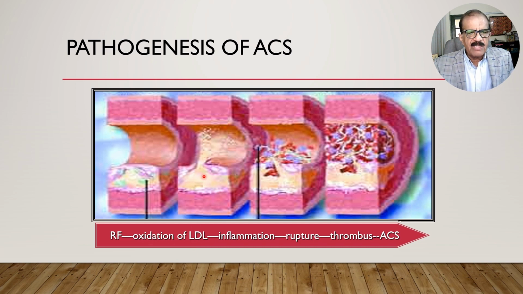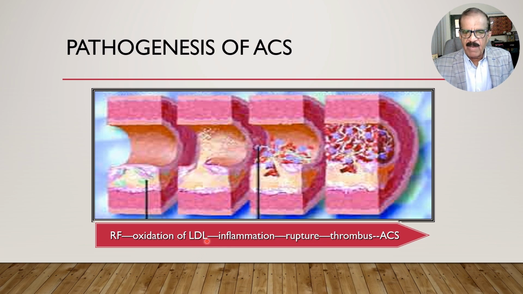And these atheromas are very common, and many times they are not causing any symptom. Of course, if there is critical narrowing, it could cause angina, but there are many patients who have significant atheromas but do not have any symptom because the plaque is still covered by smooth endothelium.